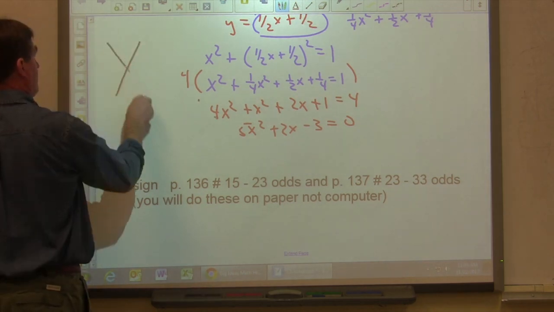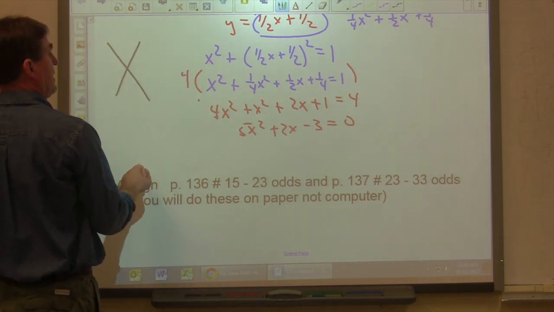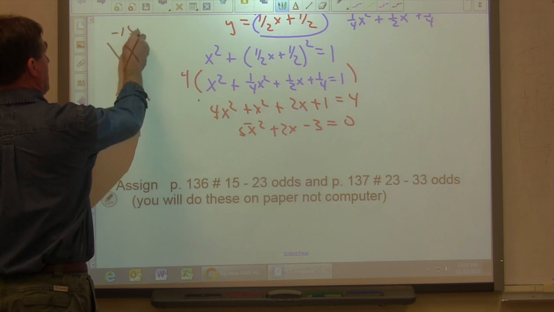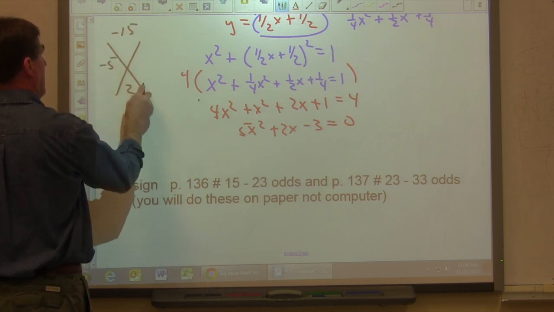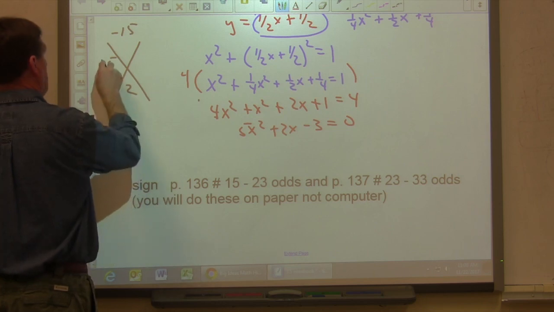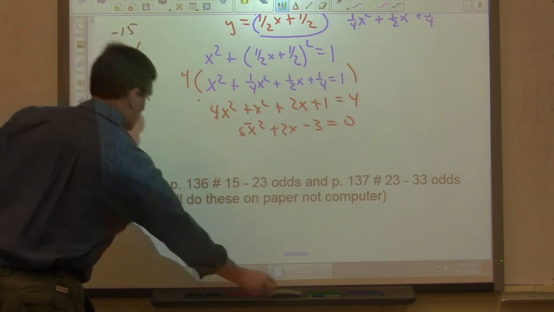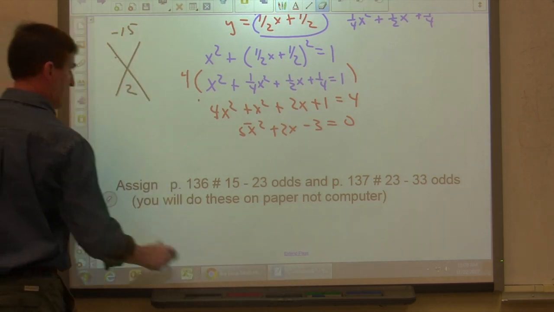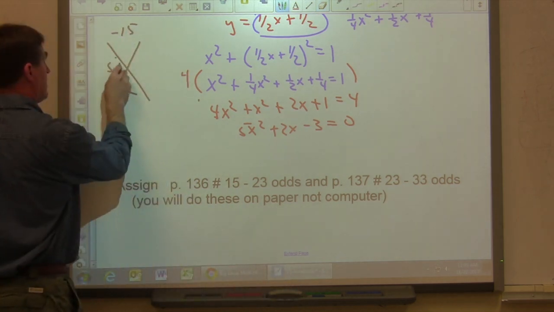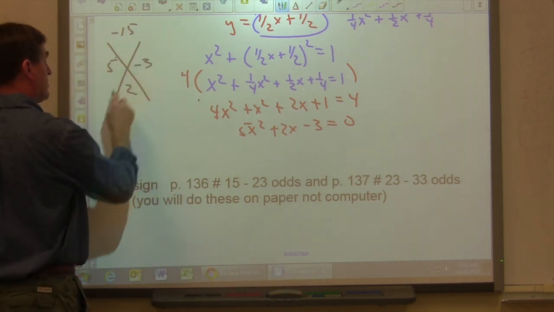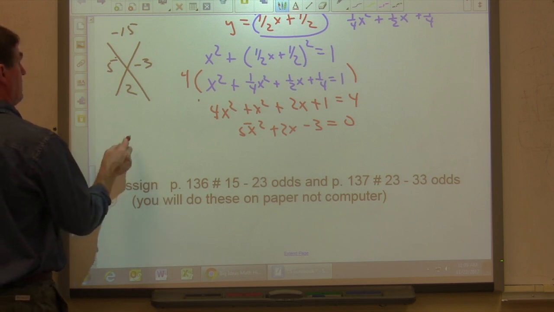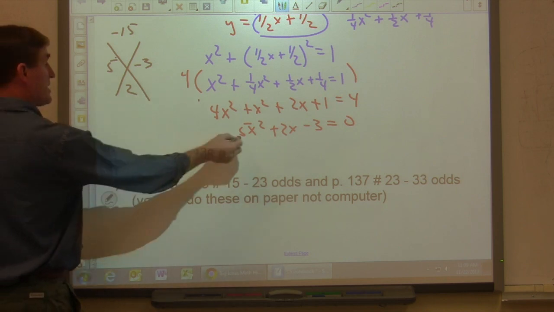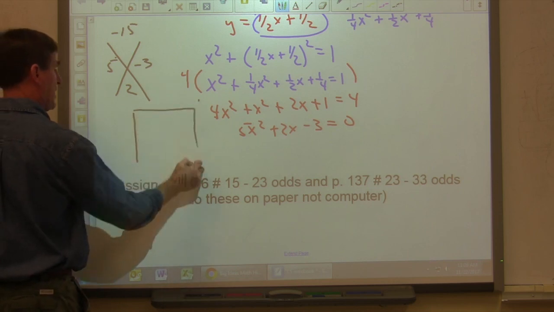Now, if we do that, it would be 5 times negative 3 is negative 15, and 2. Actually, it would be positive 5 and negative 3. So that gives me my positive 2x. And then because this is not a 1, we have to build the box.